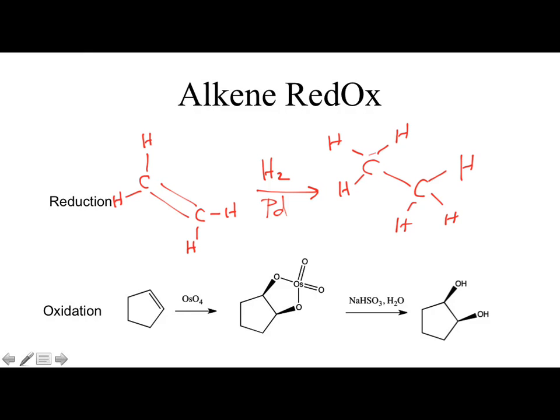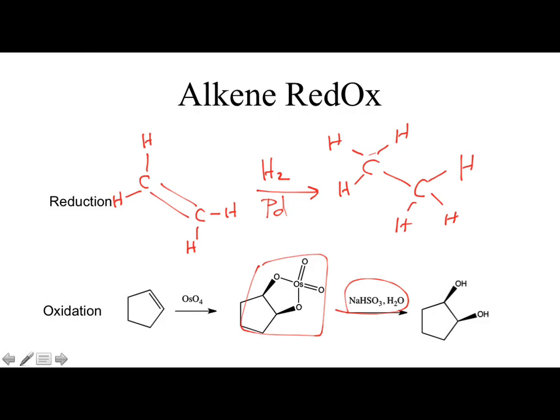We could also do oxidation when it comes to our alkenes, and that's what's being shown below. That's the osmium tetroxide, which adds to the double bond and forms this goofy intermediate. That is then followed up with some kind of oxidizing agent, which will kick off the osmium portion, leaving behind the oxygens.